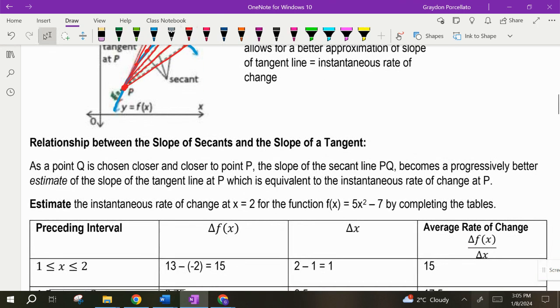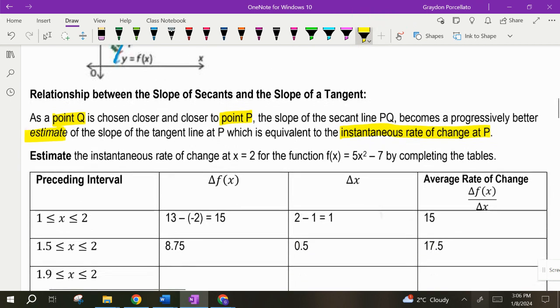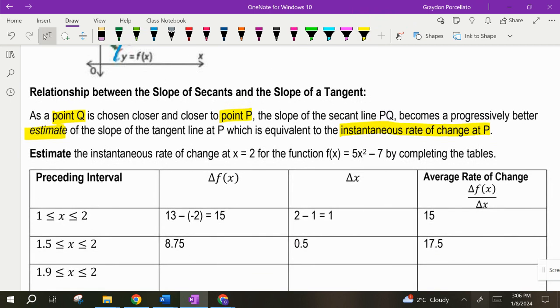So, the relationship between slope of secants and the slope of tangent: as point Q is chosen closer and closer to point P, the slope of the secant line PQ becomes progressively a better estimate of the slope of the tangent line at P, which is equivalent to the instantaneous rate of change at P.